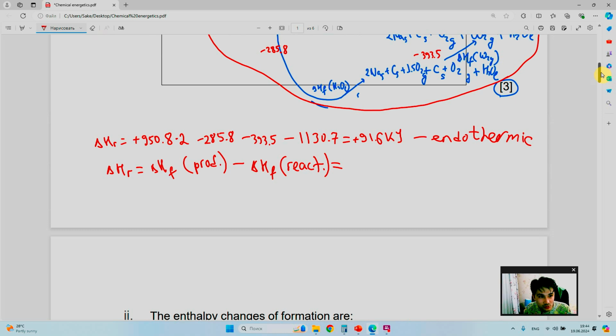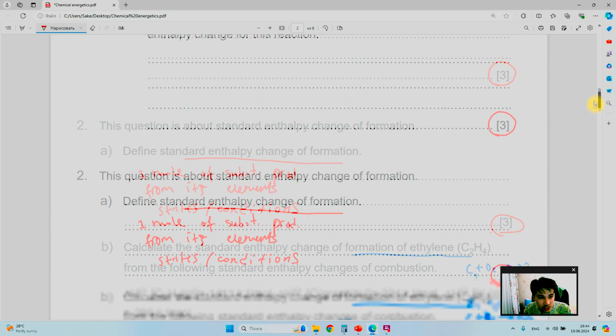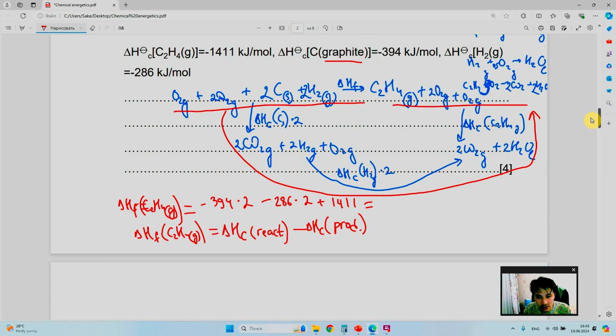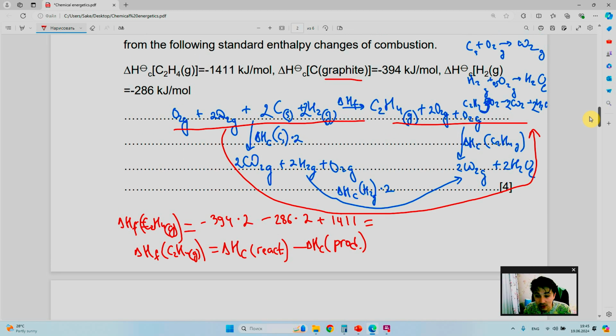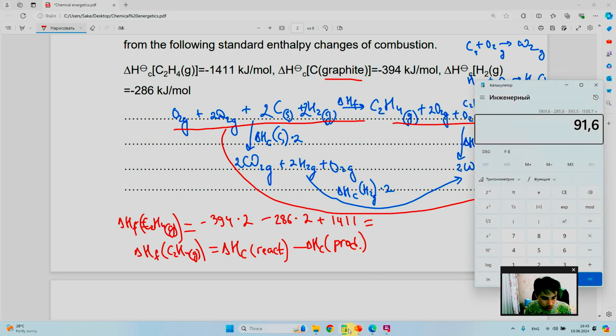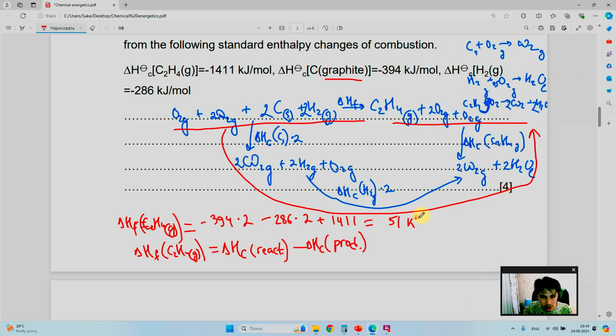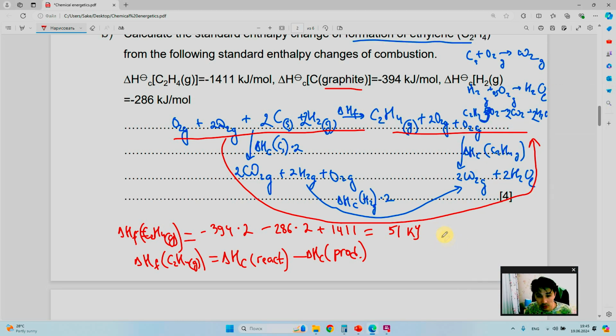And as you see here, products minus reactants, but if you're using formation enthalpies, for combustion enthalpies it's absolutely opposite. So if you don't want to just memorize this overall equation, you can just work out this cycle and use it. You'll get the same result. So let's do the routine calculations. Kilojoules. And be careful, this is given in kilojoules per mole, per 1 mole of your substance. So this makes sense. This is 51 kilojoules per mole.